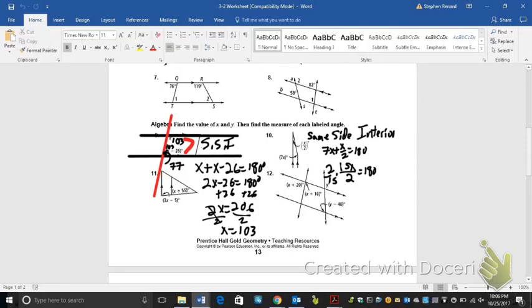And remember that when we're trying to get rid of a fractional coefficient, what we do is we multiply both sides by the reciprocal of that fraction. So when we do that, we get 180 times 2 over 15, or 24. So we know that x is 24.